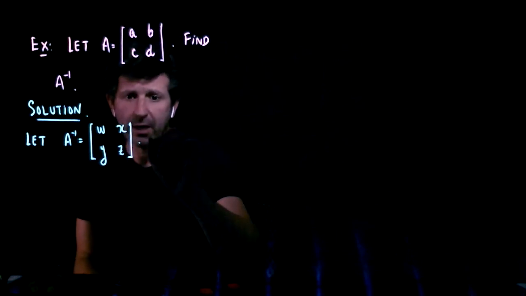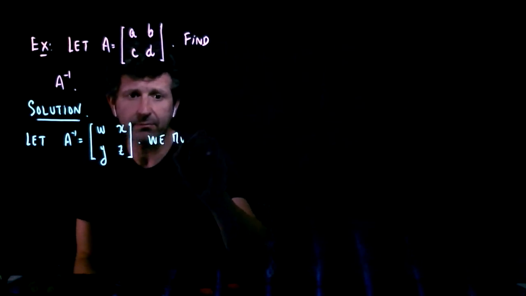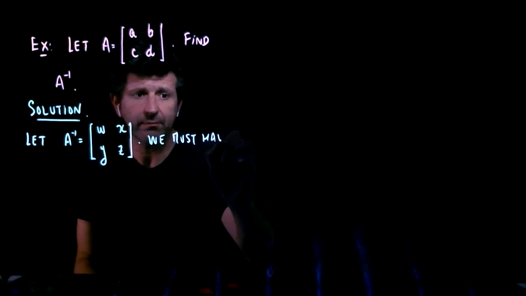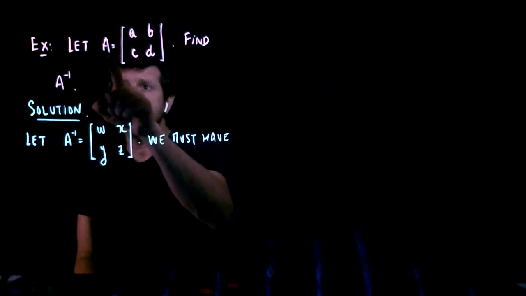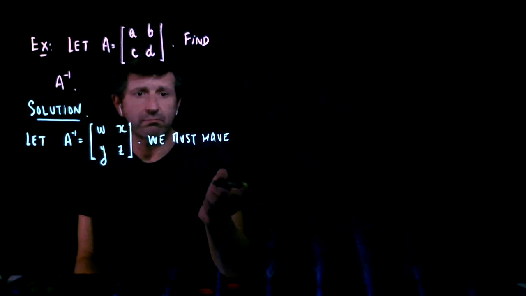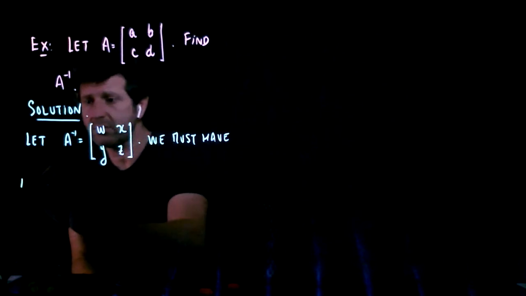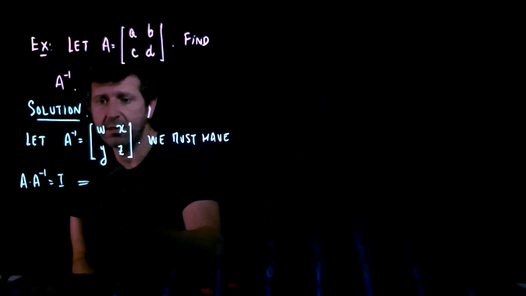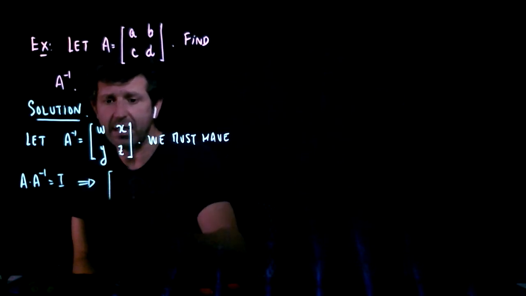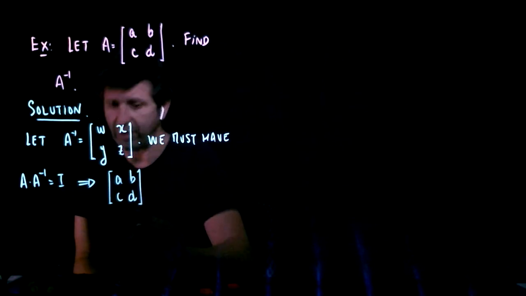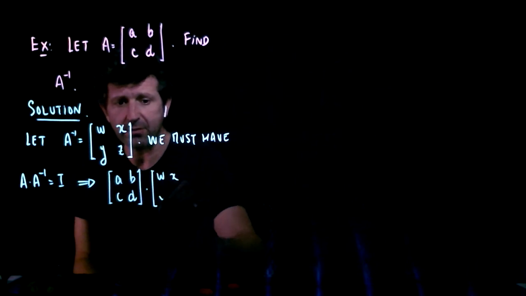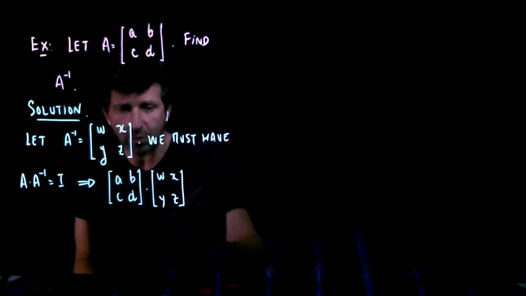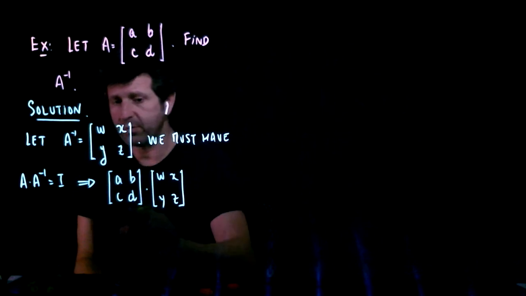Okay, so again, we must have A times A inverse equals I, which means that A being a, b, c, d. So these are given, and w, x, y, z is what I'm looking for in terms of a, b, c, d.